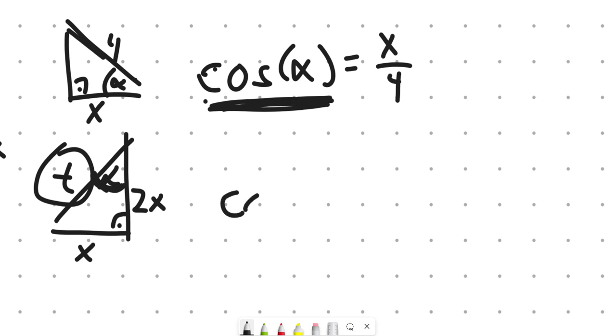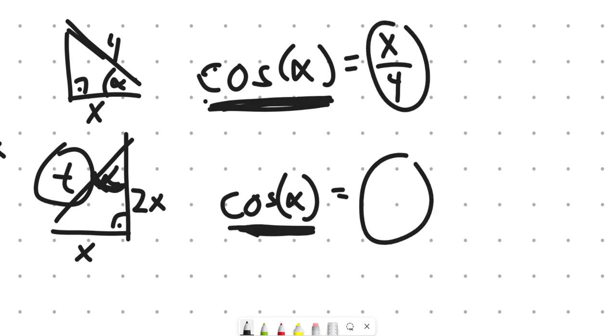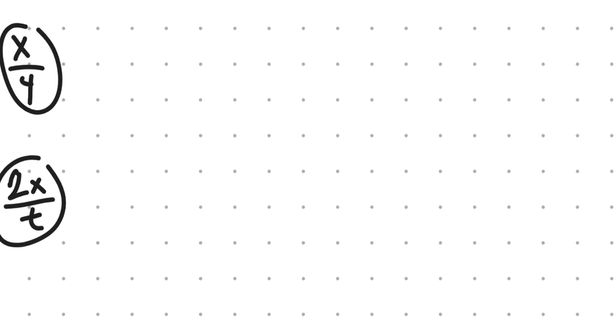So we are going to write cosine of alpha again, so that we can take this and this together and make it equal. Now cosine of alpha over there is just equal to the adjacent divided by the hypotenuse, and the adjacent is 2x, so it is 2x divided by t. So since we have x divided by 4 and 2x divided by t, we are just going to make them equal.